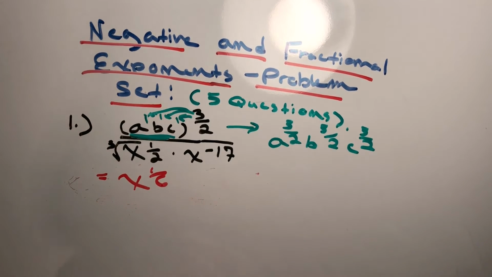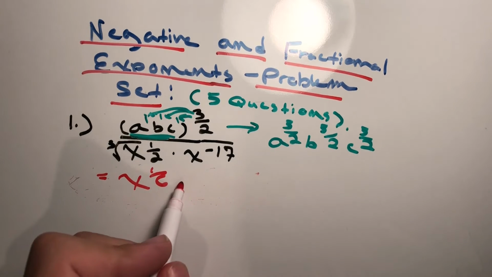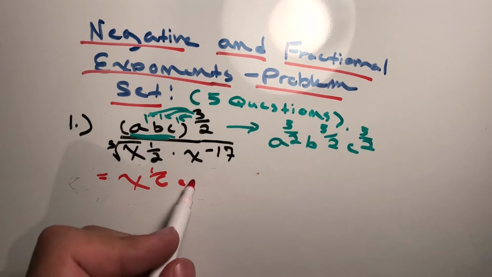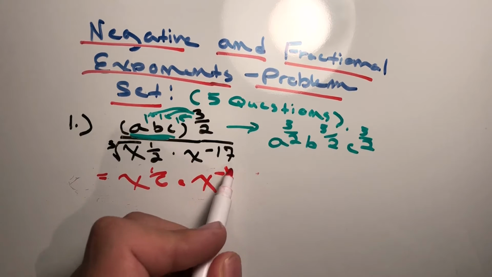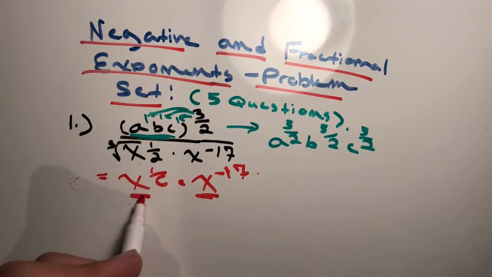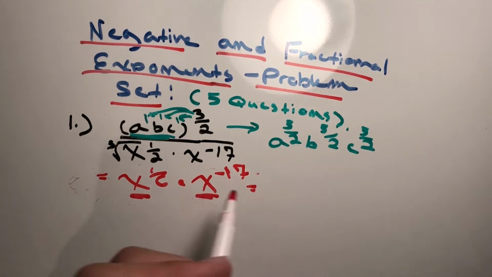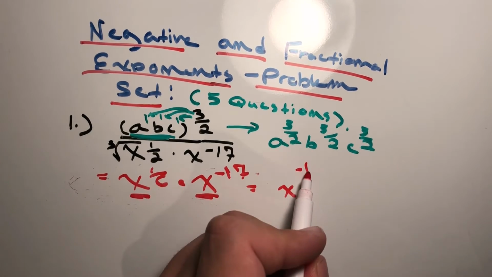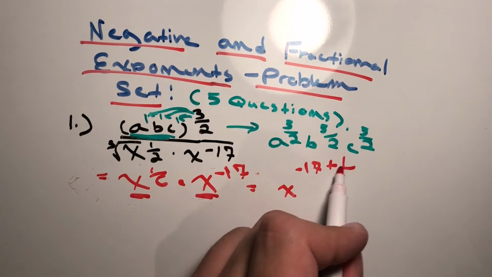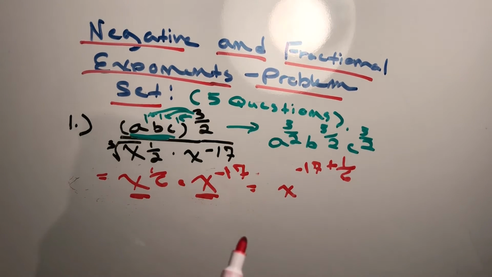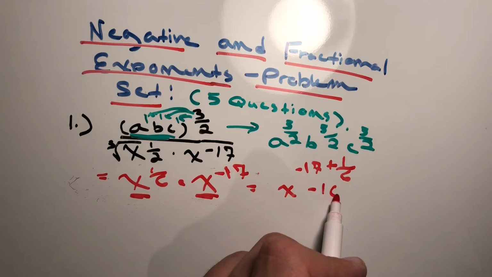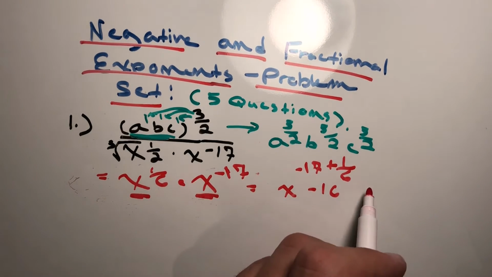And now all we have to do is handle this x to the negative 17th, right? So really all we have to do here is apply law 1, right? We have the same base, and so all we need to do is add these powers. It's going to give us x to the negative 17 plus 1/6, which is going to give us negative 16 and 5/6, sorry.